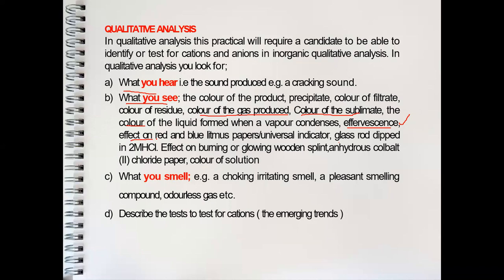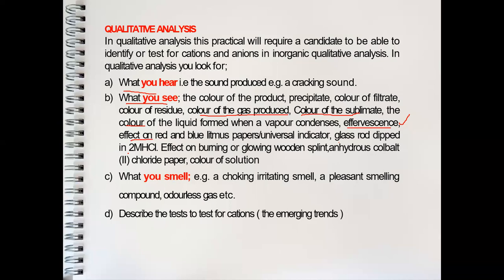So you ensure that you dip them in water, then you mount them on the inside wall of the test tube that you are using. Then you will be able to observe the color change. The glass rod dipped in concentrated sulfuric acid, also you will be able to see the corrosion.